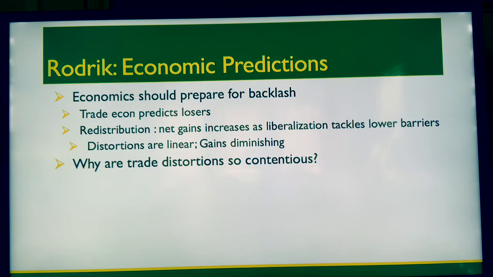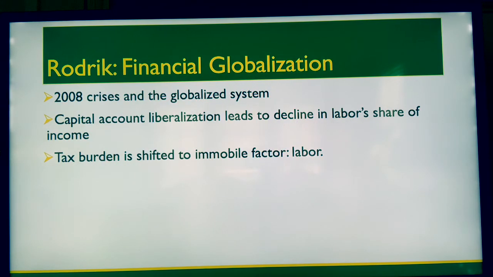So why is it that trade distortions are so contentious? Well, Rodrik talks a little bit about the 2008 crisis and the globalized system. The 2008 crisis definitely hit the whole world. This impact came from the fall in the housing market in the United States.